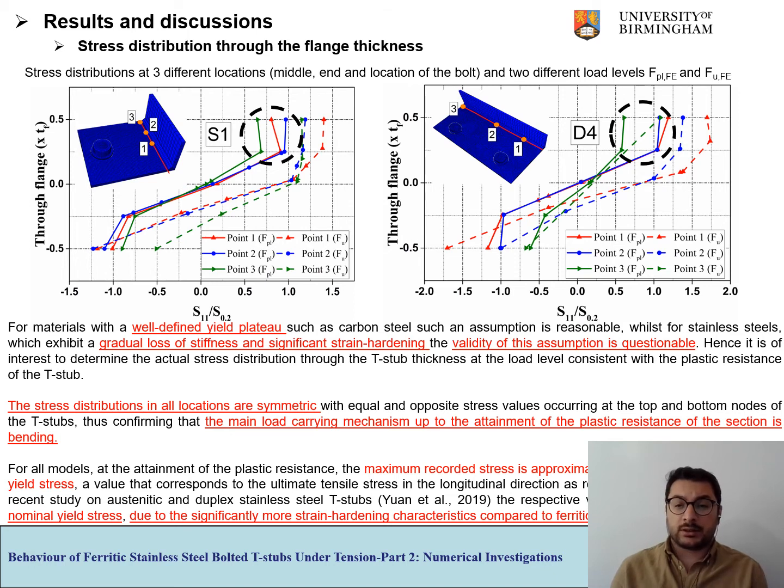Hence, it is of interest to determine the actual stress distribution through the thickness at the load level consistent with the plastic resistance of the T-stub. The stress distributions in all locations are symmetric with equal and opposite stress values occurring at the top and bottom nodes of the T-stub, thus confirming that the main load carrying mechanism up to the attainment of the plastic resistance of the section is bending.